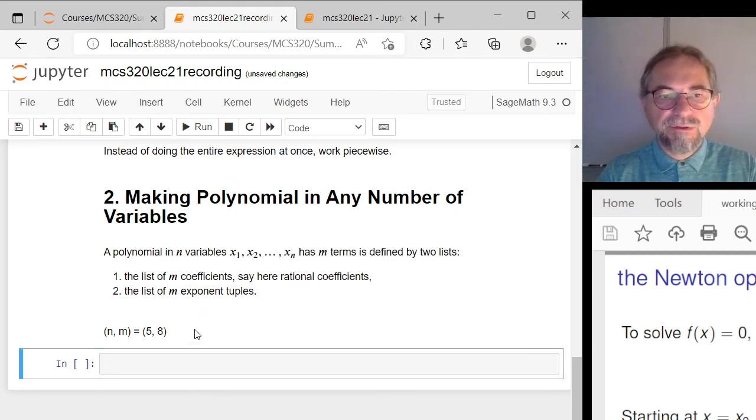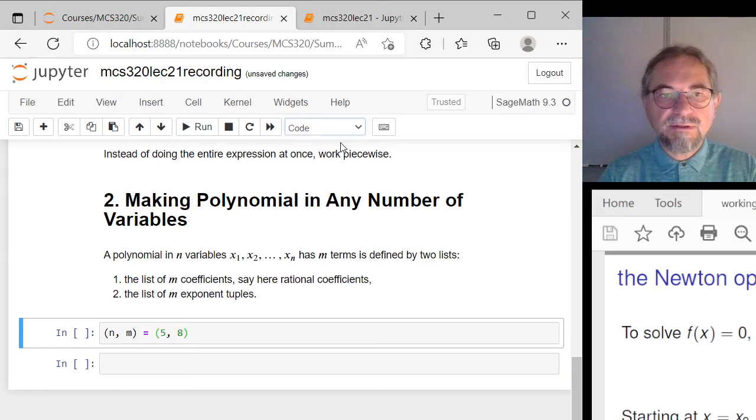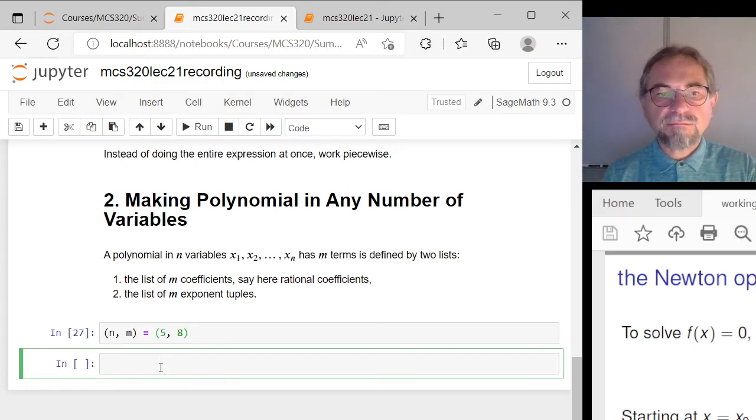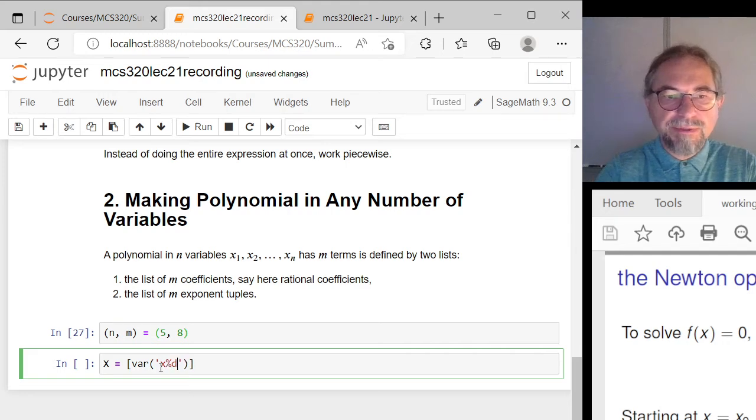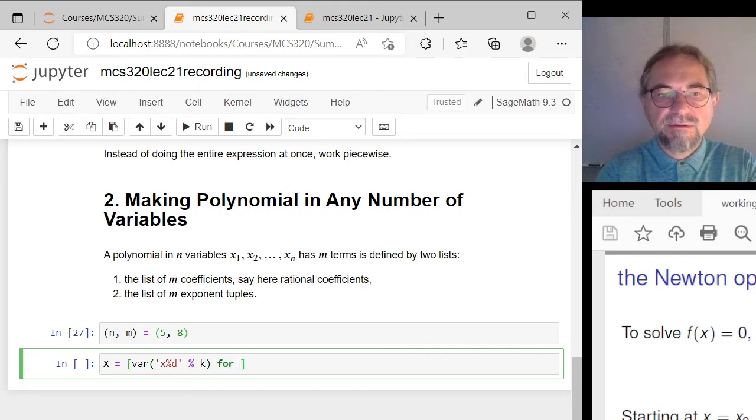Oops, so this should be a code cell. So then I have my list of variables again, where we use the letter x followed by the decimal representation of the index, for the index starting at 1 and ending at n plus 1.